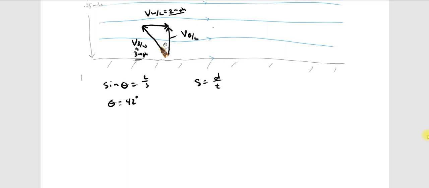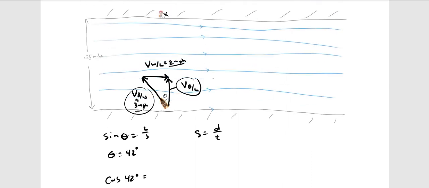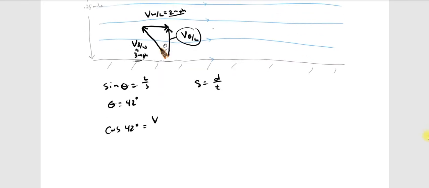So the cosine of 42 degrees is going to equal the side adjacent divided by the hypotenuse. So that's going to be the velocity of the boat with respect to the land divided by the 3 miles per hour. Give me a moment here.